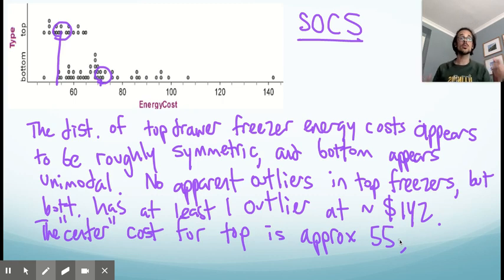But here's where the other thing that I mentioned earlier comes into play. You need to explicitly compare the 2 graphs. So if I just say, oh, the top is 55, the bottom is about 70, that wouldn't get me full credit because I didn't say that one is bigger or smaller than the other. I didn't compare them. Now, it seems common sense that 55 is smaller than 70, but you have to say it.